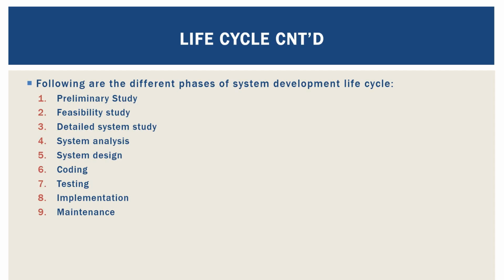If you look at these phases, they more or less portray our course outline. After we are done with these small issues, we're going to be looking at the feasibility study in detail, system analysis and design in detail, system design, testing, implementation, and lastly maintenance. So it's more like our course outline.